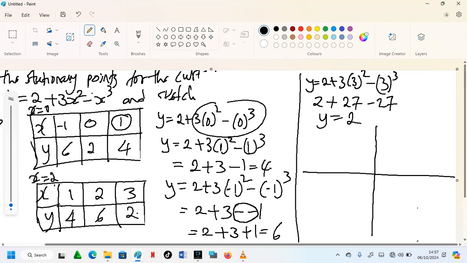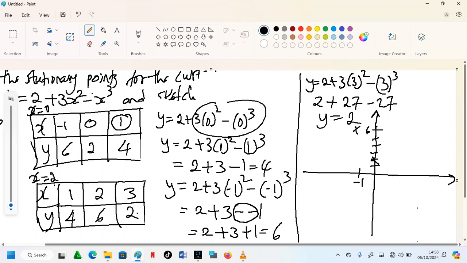Alright, and you're going to have a much more accurate curve than mine, but it simply looks like this. It's negative 1, 1, 2, 3, 4, 5, 6. So 6 is somewhere there. Then we have (0, 2), so 2 is somewhere there.